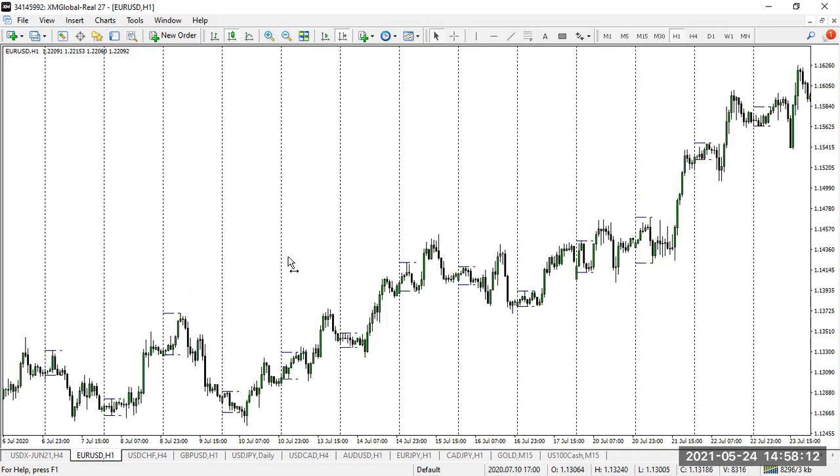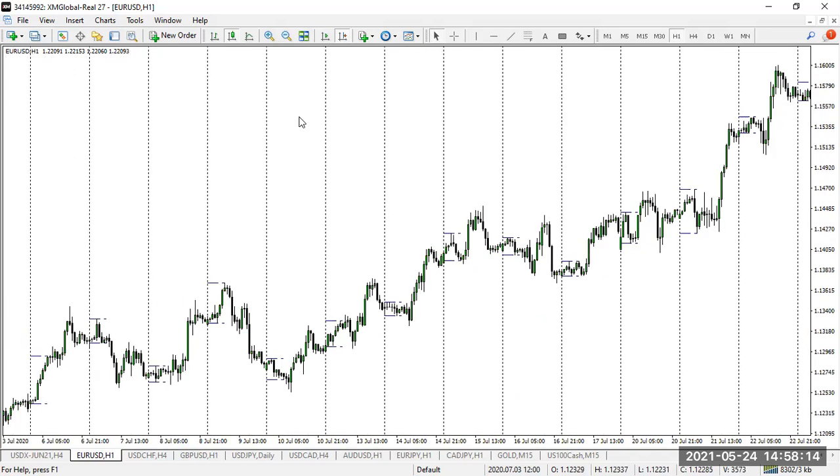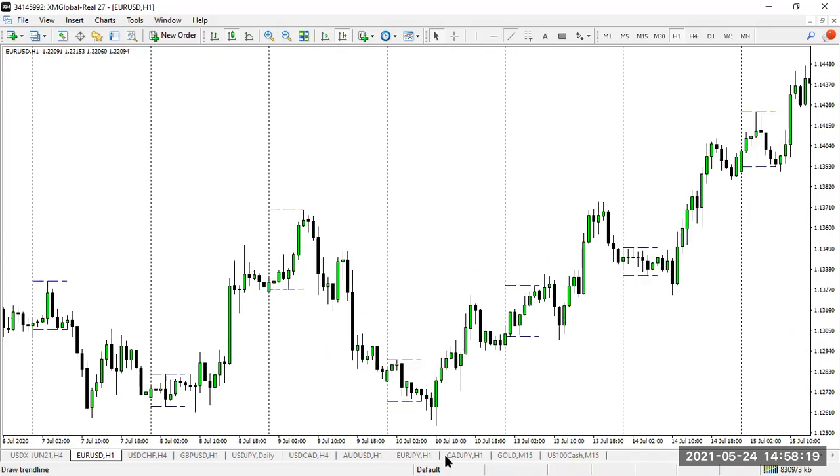So we'll start with this. So now we know that the daily is bullish, right? We know that daily is bullish. So we're going to be using the 1 hour to make the 1 hour higher lows or the 4 hour higher lows. Okay, so let's go back to our order block.